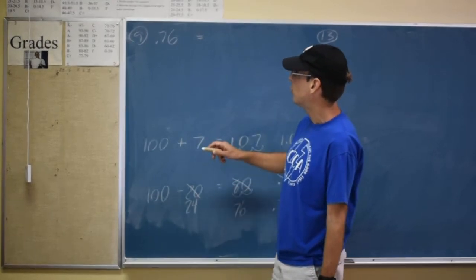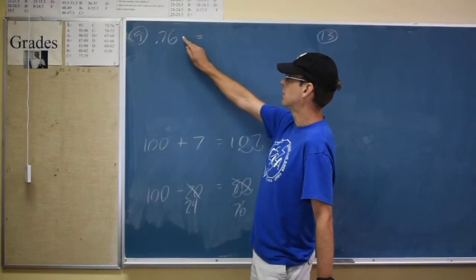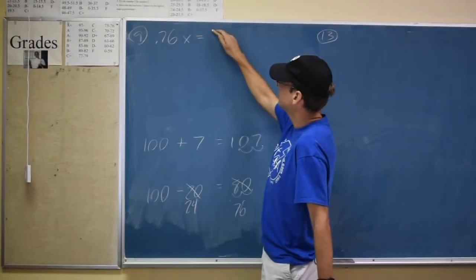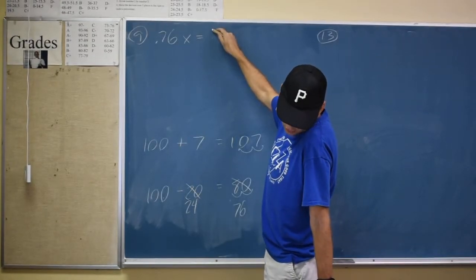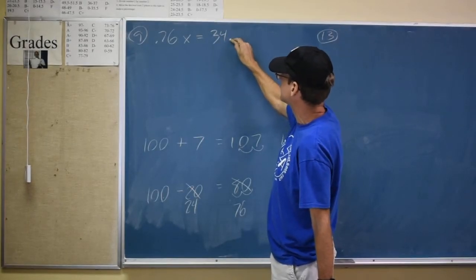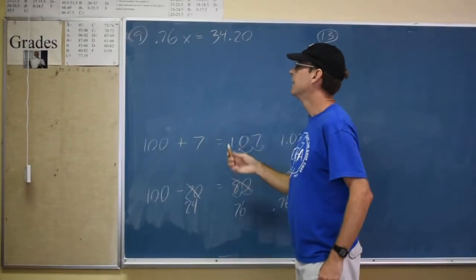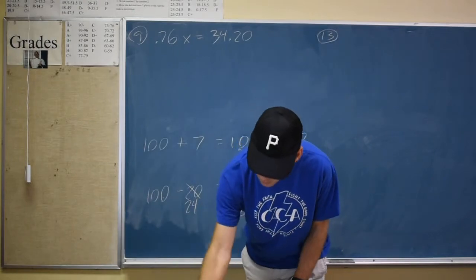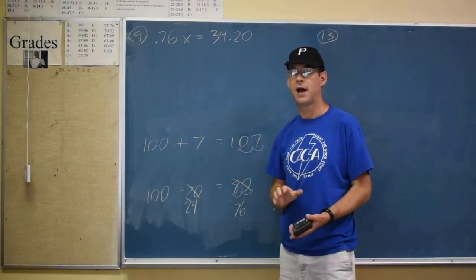So the original price is what always multiplies our magic number. We don't know that, so we're going to do an X there, and then we are going to do the $34.20 later.